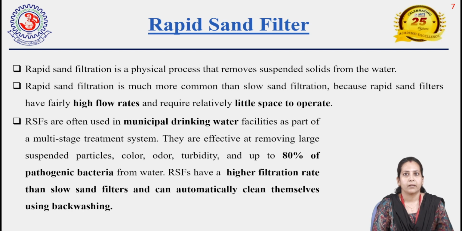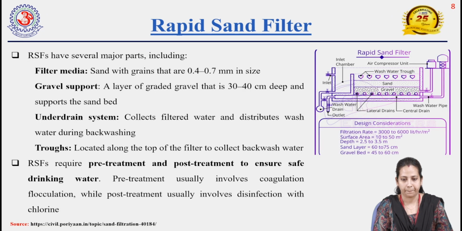So these rapid sand filters have an advantage over the slow sand filter, with higher efficiency, and cleaning is done automatically in the rapid sand filter by backwashing, which is not available in the slow sand filter.